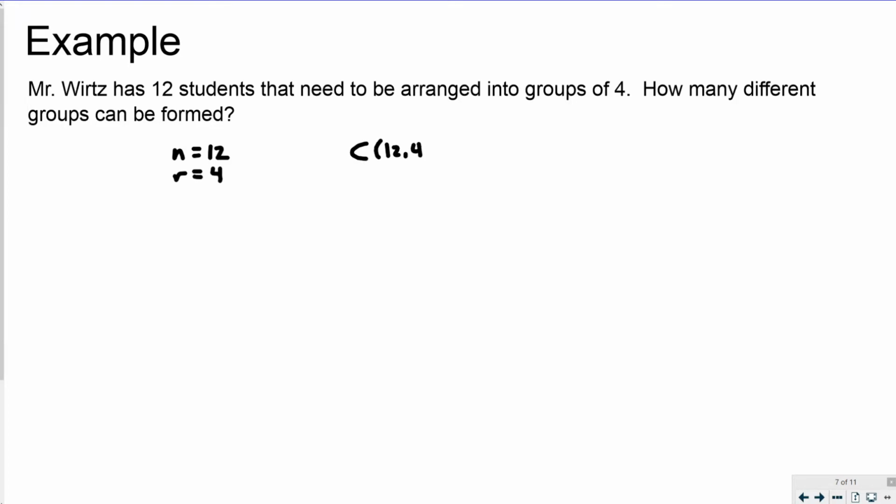Again, I'm showing all of my work so that you understand the mathematics behind the combinatorics here instead of just a calculator shortcut. So it would be 12 factorial over 4 factorial times 12 minus 4 factorial. Oh, I gotta close my parentheses, then the factorial.